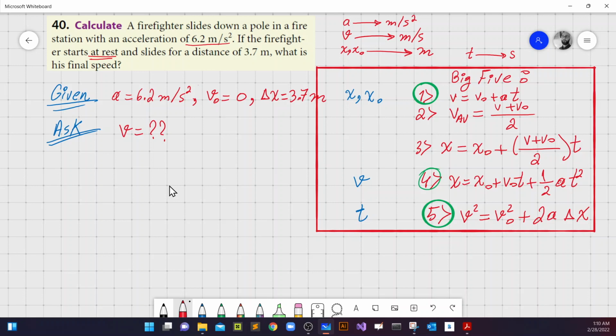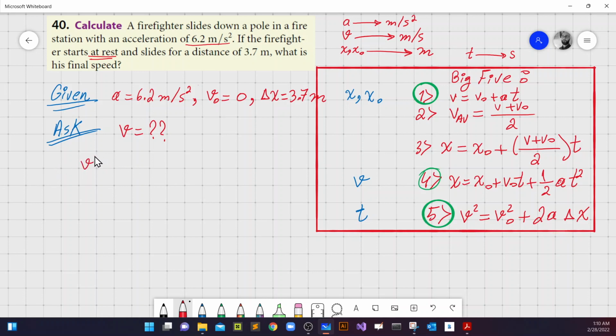So the next step, to answer this question, we need to choose one of the five equations from this box. Notice that according to the given information, the time is not mentioned, so it's better to use the fifth one, since the fifth equation is independent of time, and we can easily calculate the final velocity by applying it.